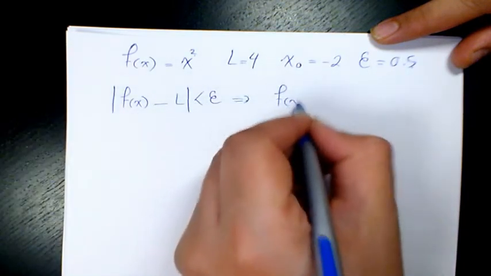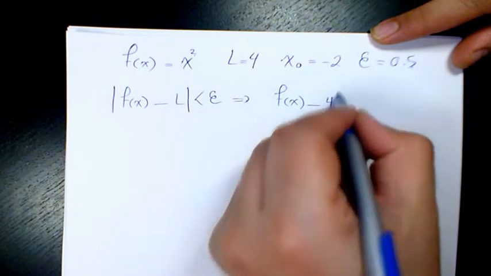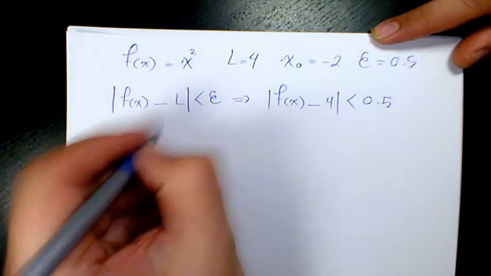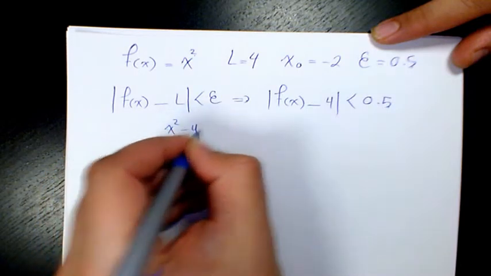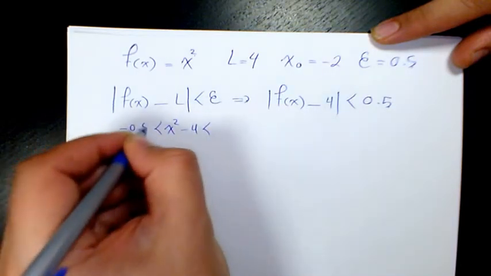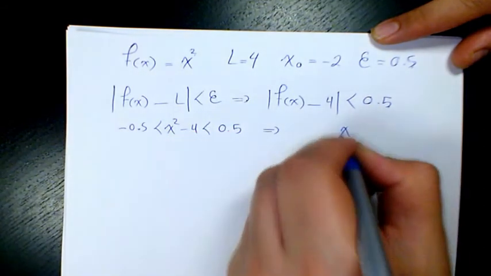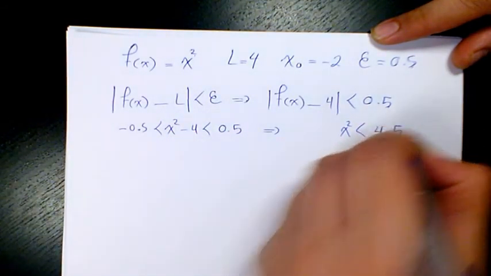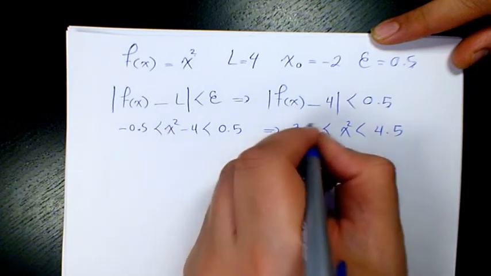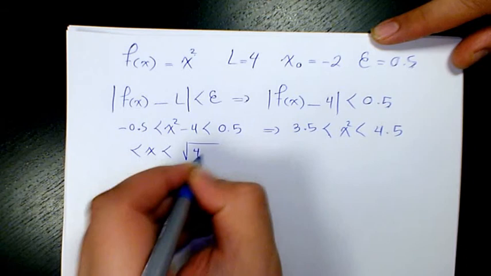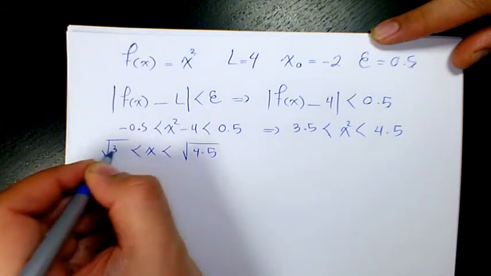So |f of x minus 4| is less than 0.5. It means that x squared minus 4 is between negative 0.5 and positive 0.5. So x squared is between 3.5 and 4.5. So x is between square root of 3.5 and square root of 4.5.